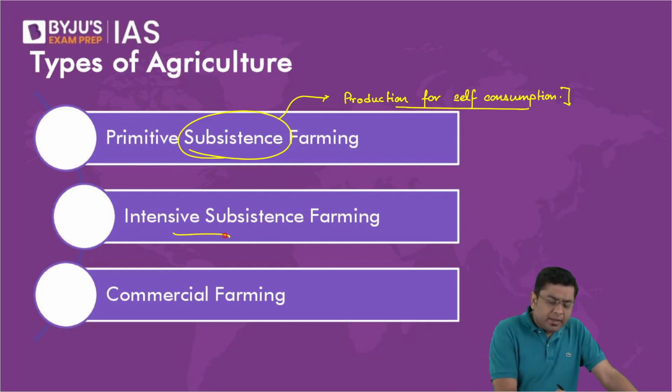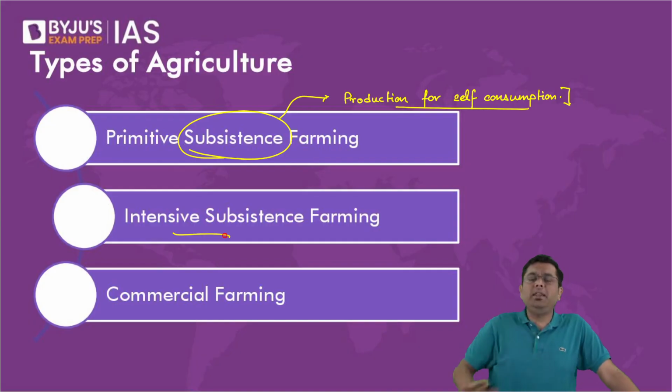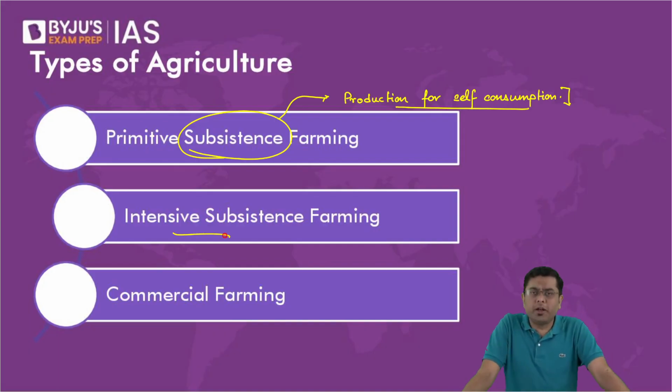So here, the farming is carried out mostly in the plain areas, purely dependent on fertile soil. Here also technology does not play a major role. Wherever you have very basic methods of agriculture, obviously the productivity will be less. The amount produced would be less.